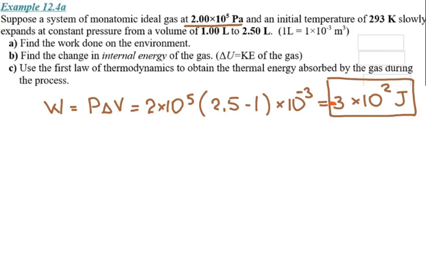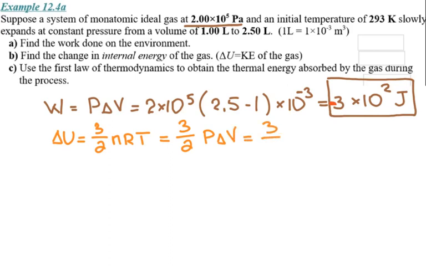And delta U is equal to 3/2 nRT. And I know that nRT is equal to P delta V. So I have 3/2 P delta V. So that gives me 3/2.